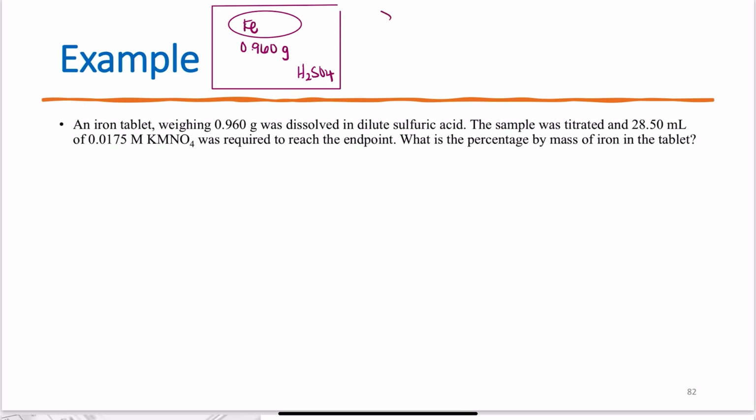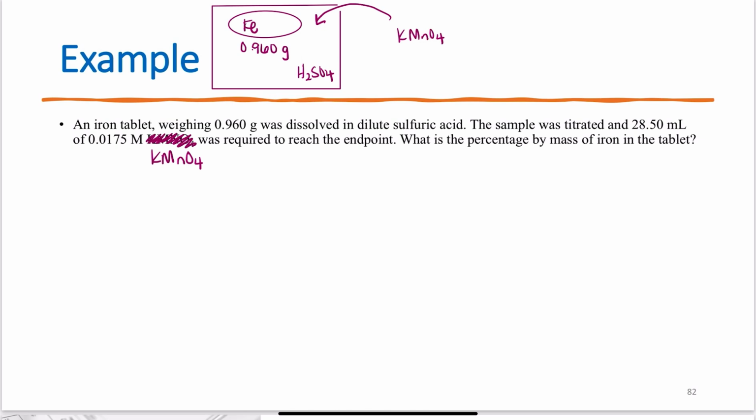And then I added KMnO4 to reach the endpoint. And please fix this. I did not realize this was spelled wrong. This should be K, capital M, lowercase n, O4. Please fix that. I'll try to remember to fix that in the notes.